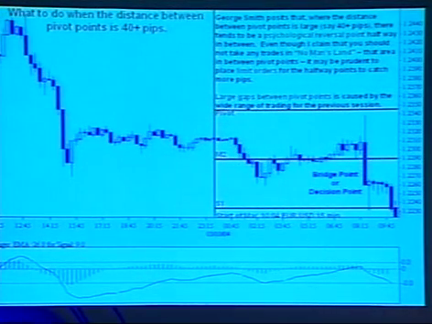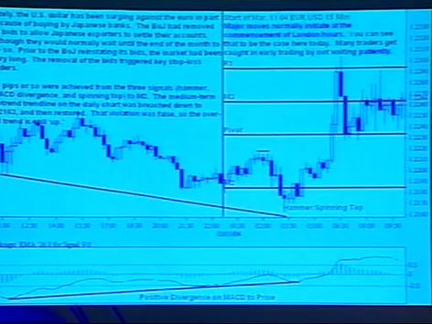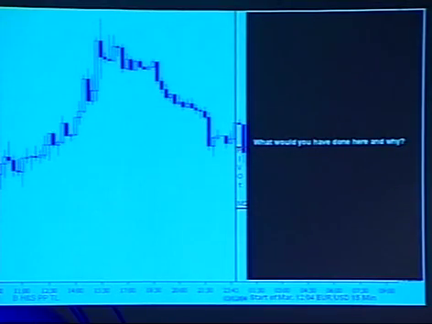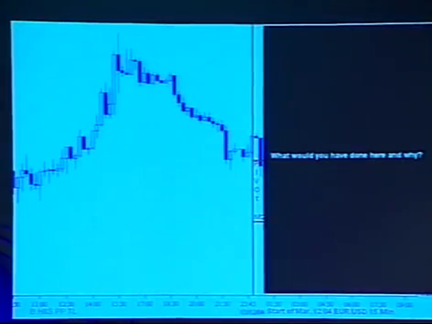This slide was in relation to the idea that price tends to hiccup midway between pivot points where the distance is rather large. We talked about this one earlier in relation to this down trend line here coinciding with this exhaustion bar.